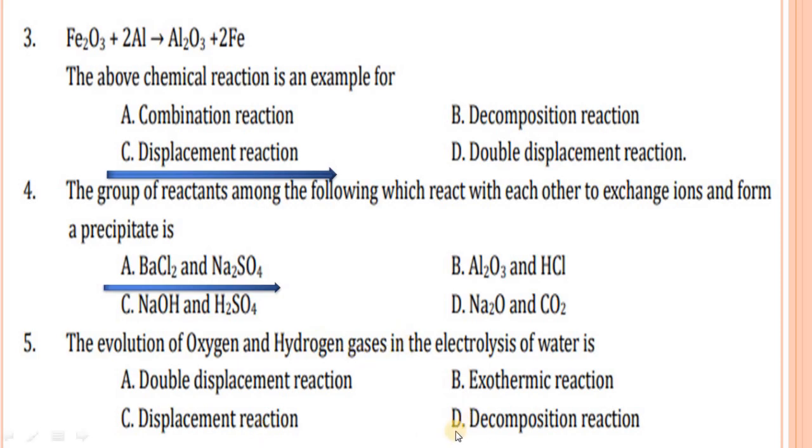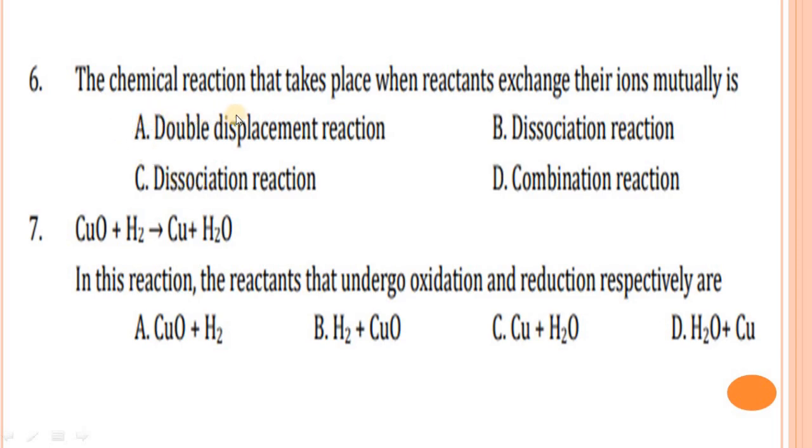So this will be the example for decomposition reaction. So D is the right answer. Question number 6. The chemical reaction that takes place when reactants exchange their ions mutually is. So exchange of ions means the reaction that is called double displacement reaction. So option A is the right answer.